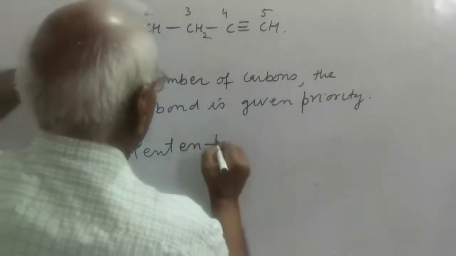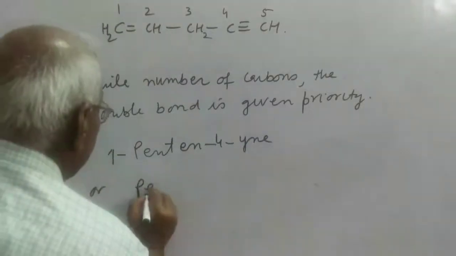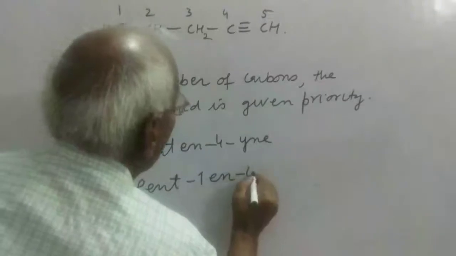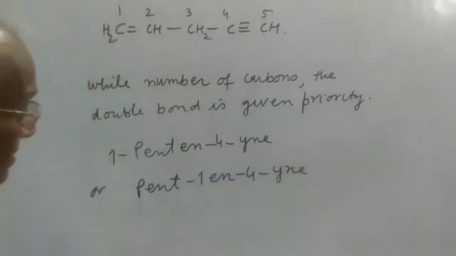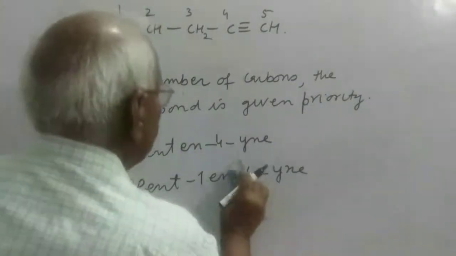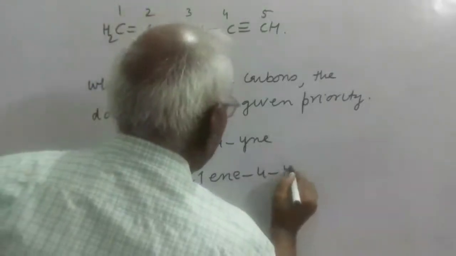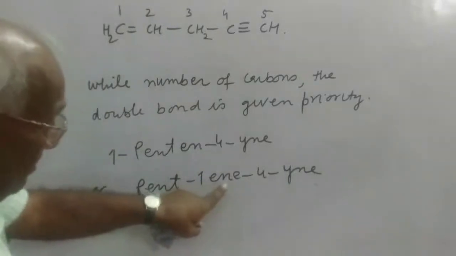But this is not directly bonded, so it is 1-en-4-yne. This is correct. This is the ene for the double bond.